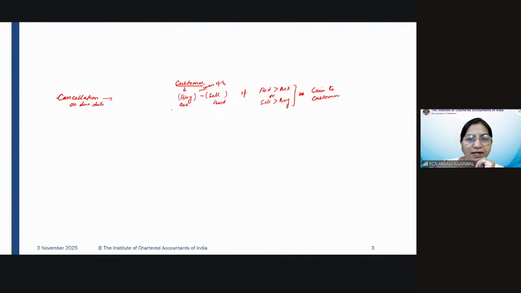If the customer has sell position, to square off, he will have to buy. Customer sell means bid and customer buy means ask. Here again, if bid is greater than ask or sell is greater than buy, there will be gain to the customer.